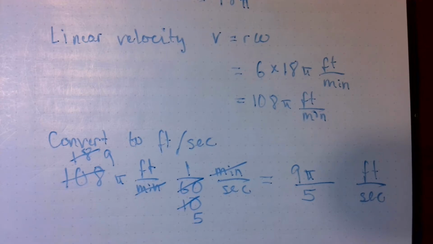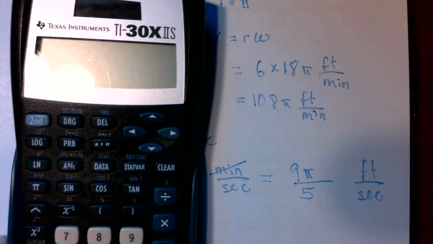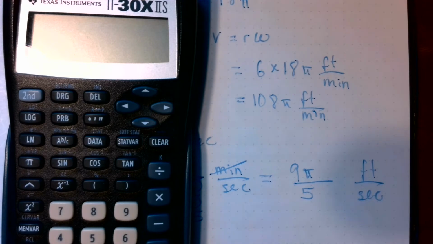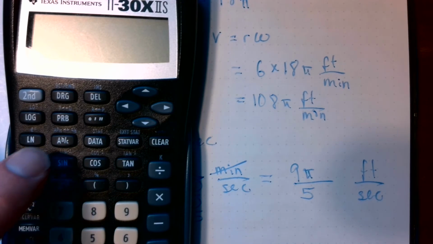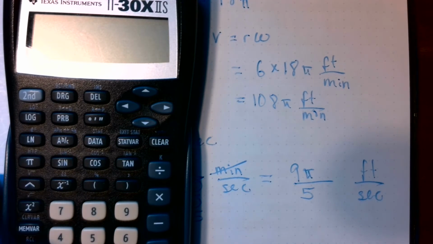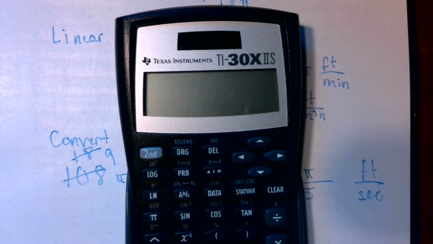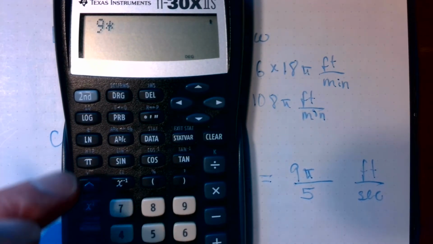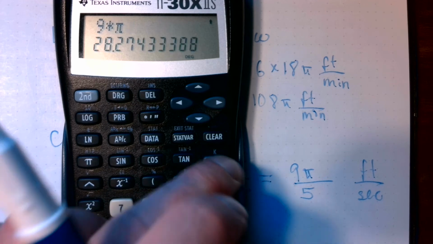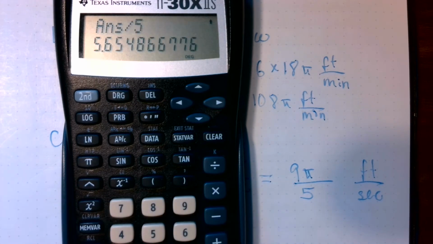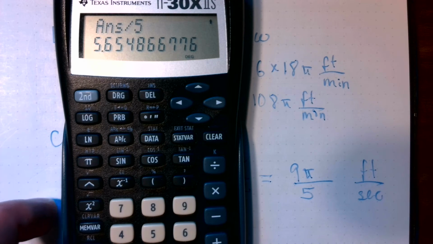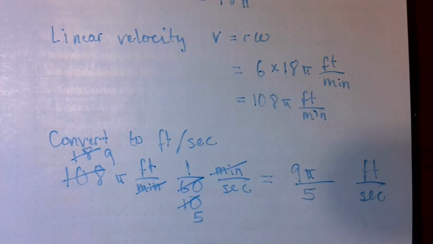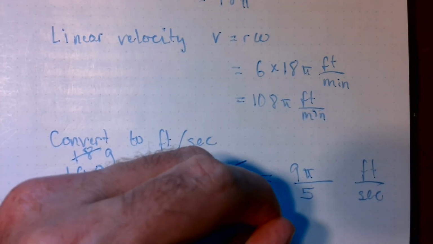And if we were so inclined, we could use our calculator to calculate. I guess it would help if I turn the calculator on, right? So 9 times pi, divide by 5. So we're talking about 5.7 feet per second.